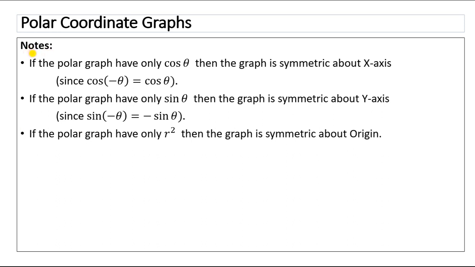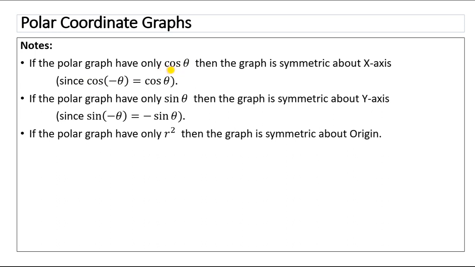To know the symmetry: if the polar graph I want to sketch has only cosine theta, then the graph is symmetric about the x-axis, because cosine of minus theta equal cosine theta. This is the property of cosine.